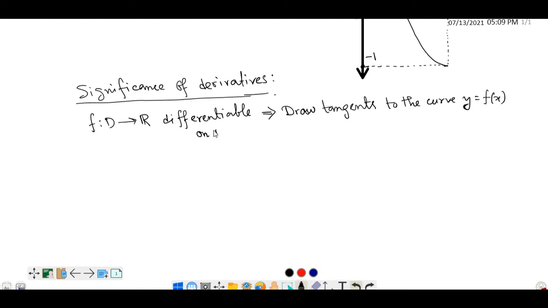And if you say differentiable on D, then you can draw tangents to the curve y equal to f of x for any x belonging to D.